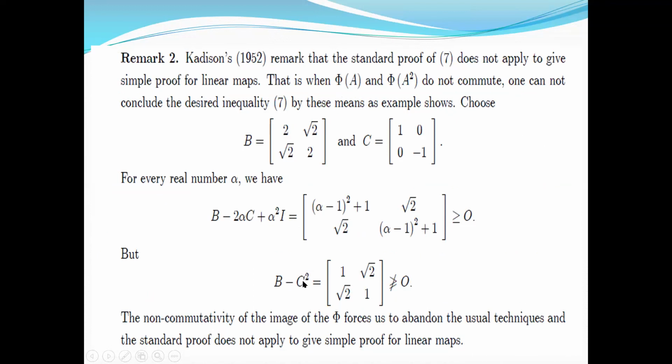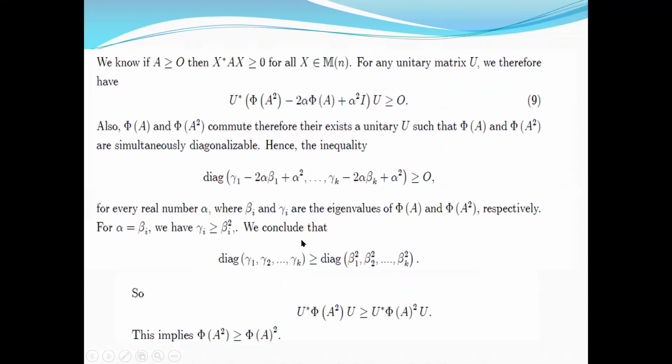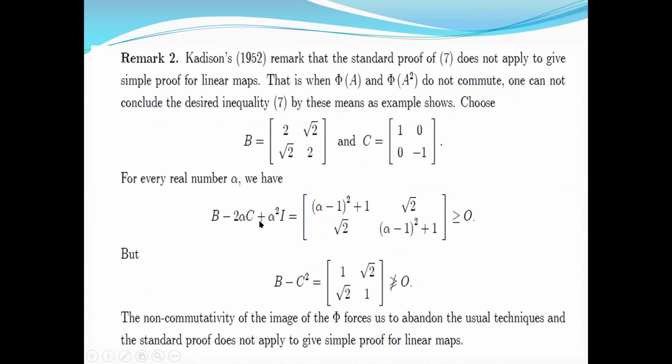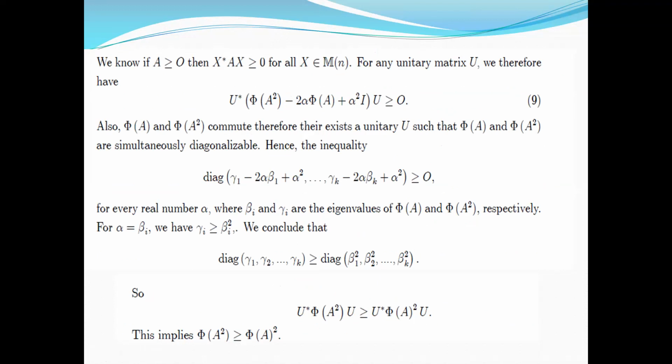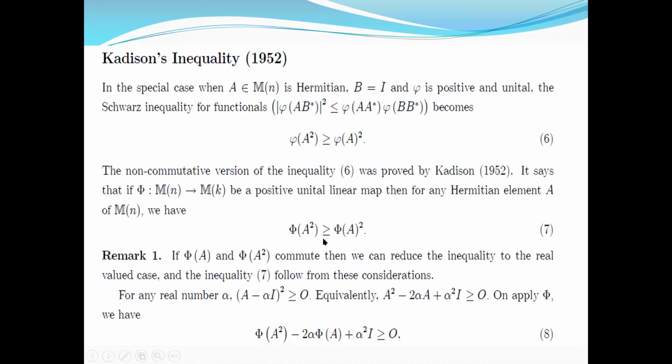So this matrix is not positive semi-definite. What Choi is saying is that this proof cannot be applied to give a simple proof for linear maps when phi(A) and phi(A^2) do not commute. This means this inequality, the Choi inequality, is a non-commutative version of the Cauchy-Schwarz inequality.